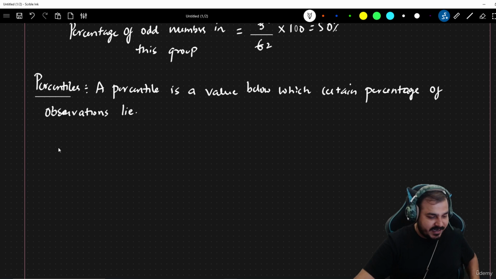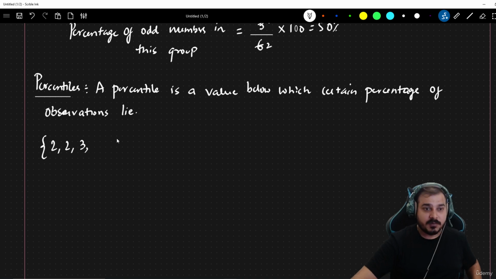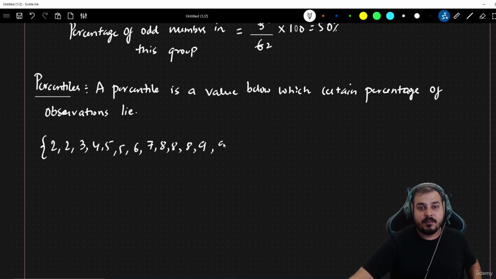Now suppose if I take a specific example, suppose let's consider that I have a list of numbers like 2, 2, 3, 4, 5, 5, 6, 7, 8, 8, 8, 9 and one more 9 and 10. Suppose I have this specific list of numbers.